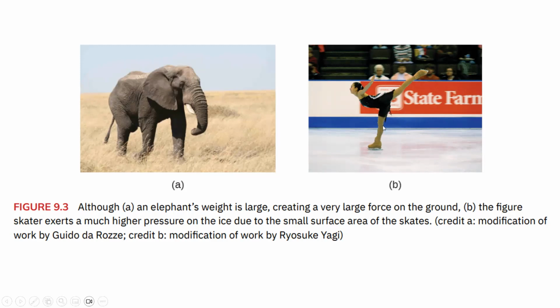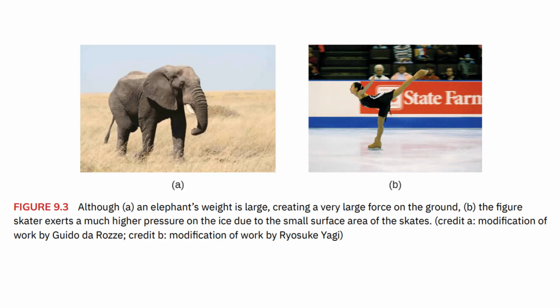Whereas the ice skater, it's going to be a much smaller force because they're a much smaller person compared to the size of an elephant. But now if you think about the figure skating blade here, it's going to be very, very thin. So even though we've got much less force, we've got it spread out over much, much less area. So what we would actually see in this case is the amount of pressure on this ice skate would be much greater than the pressure on the foot of the elephant, just because the area difference is also going to have an impact.